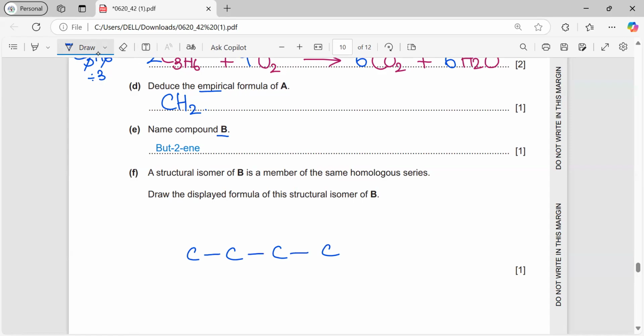We connect them with each other. There is a double bond between carbon number 1 and 2, like this. So here we'll complete it with hydrogen, hydrogen, hydrogen, and it is but-1-ene.